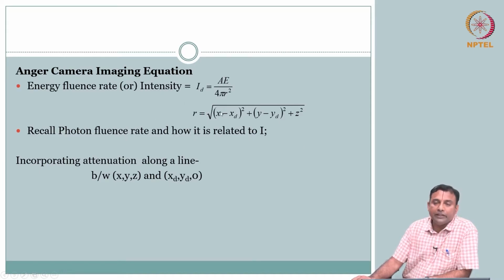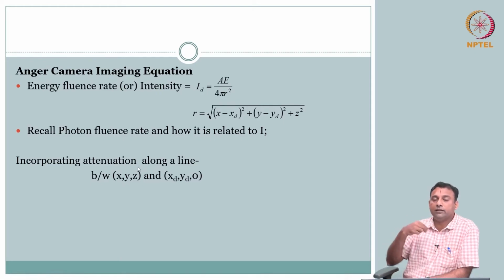So we can quickly change the equation. Instead of photon intensity, it can be number of photons, but along the line we will also incorporate attenuation. What do we mean by attenuation? The source is somewhere in the body, so when it is trying to come out, it has to cross a certain part of the body.